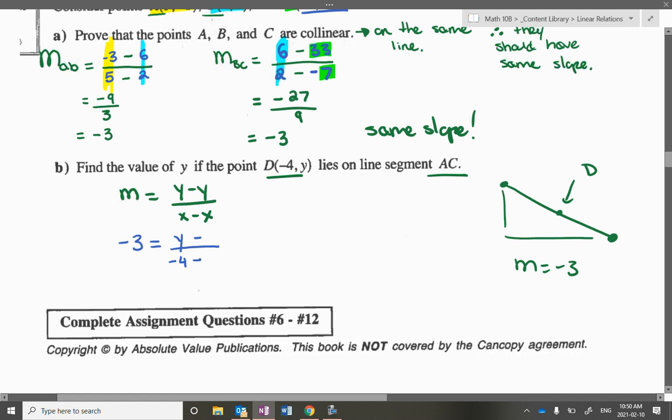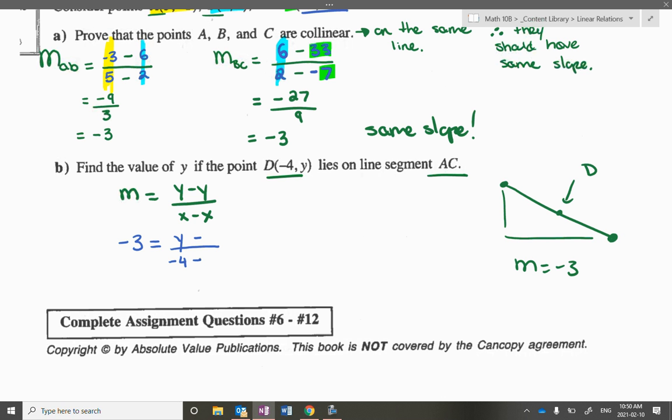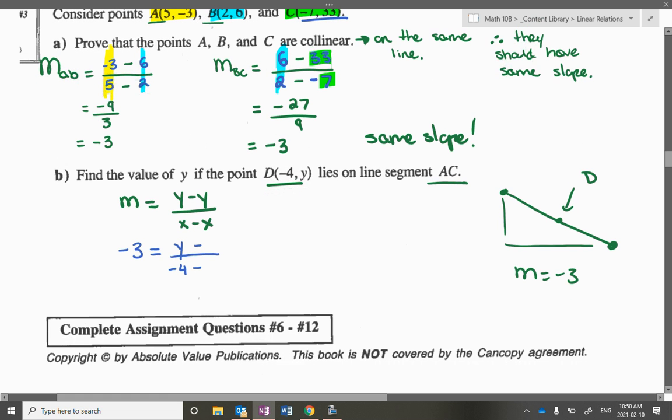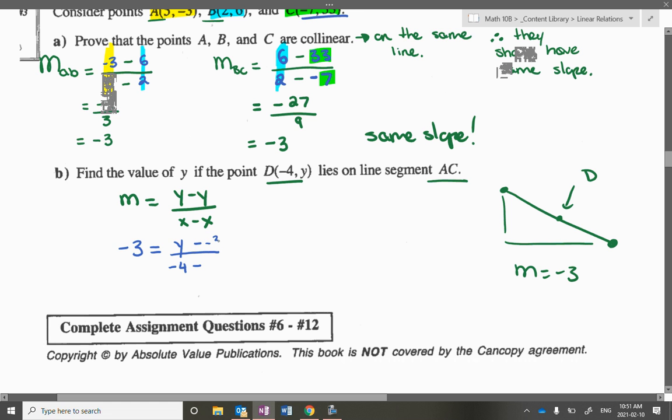What can I do for my other x and y? Good, so we can use our points from before. It's on line segment AC, so as long as I pick one of those points, I'm good. So let's use A. I'm going to put -3, because that was the coordinates of A, just 5 and -3.